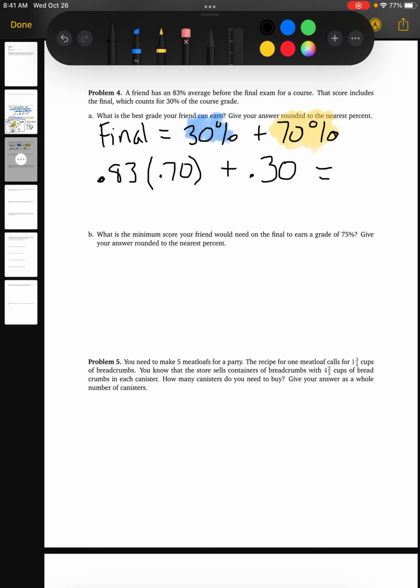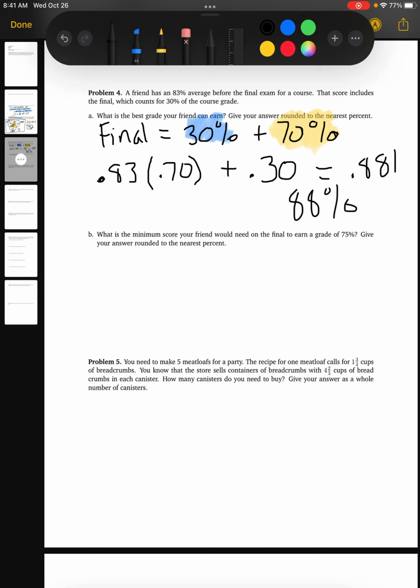And that gives me 0.58. And then add the 0.30, that percent. And it's a 0.881. So that's an 88%. It's the highest grade your friend can get in the course.